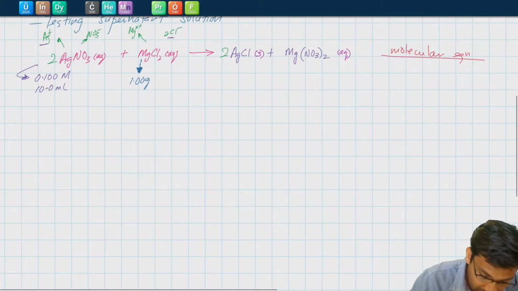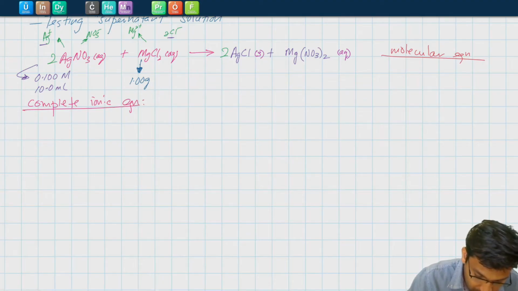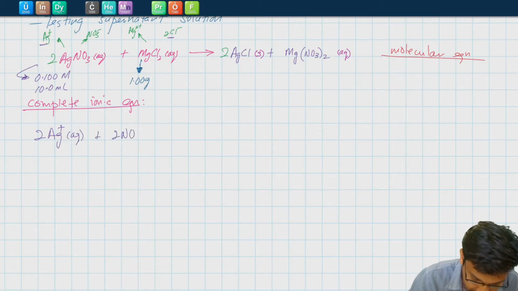I'm just going to show you briefly how to write the complete ionic equation. We break apart everything that's aqueous in a complete ionic equation. So we have 2 silver nitrates, so that means we will get 2 Ag+ aqueous plus 2 nitrates aqueous.